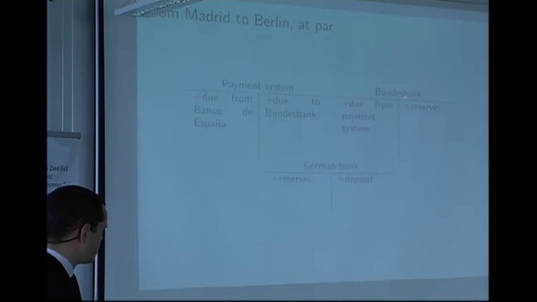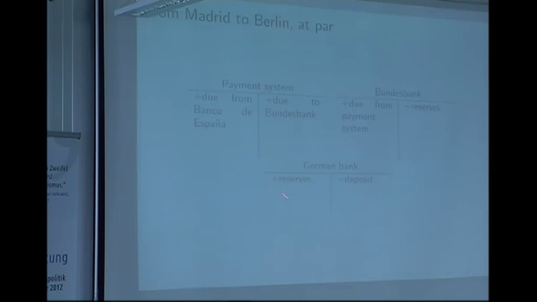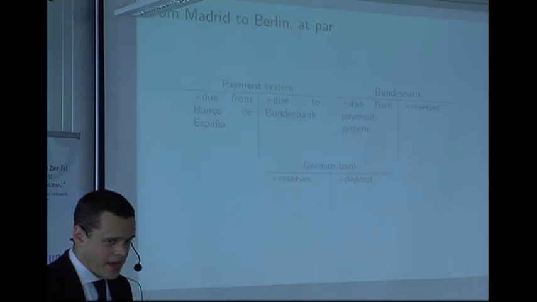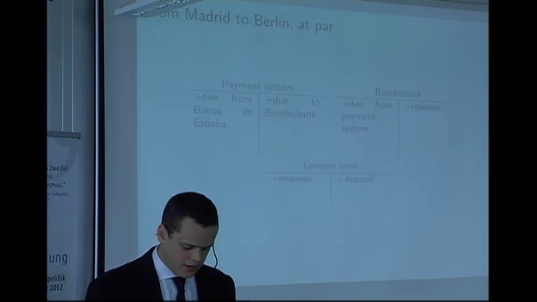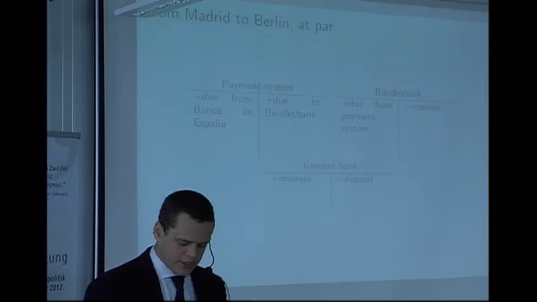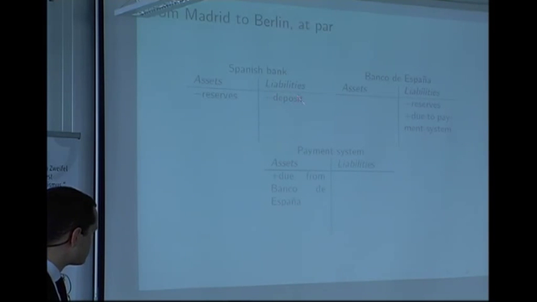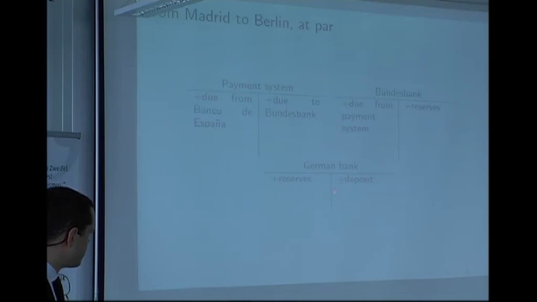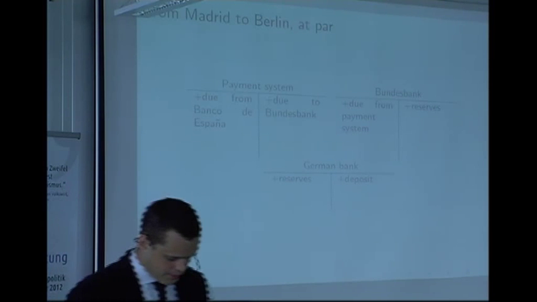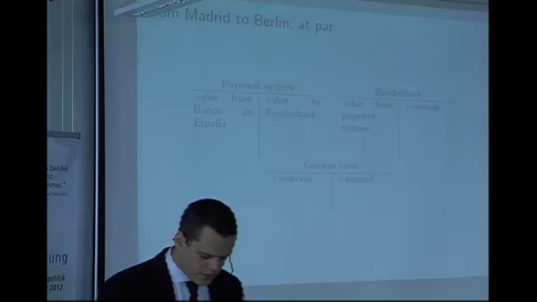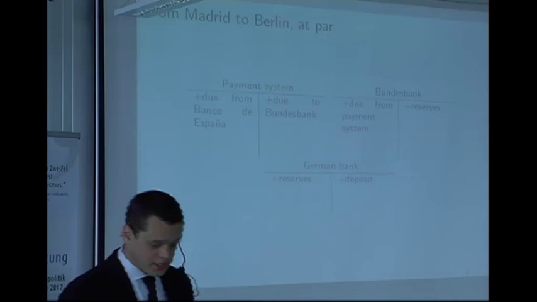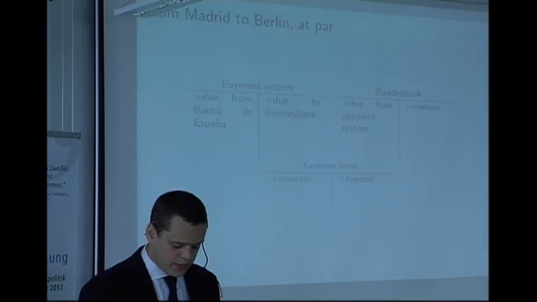Accepting that as an asset, the Bundesbank increases its reserve liability to a German bank, which, accepting that reserve as an asset, creates a deposit on behalf of its customer here in Germany, and the payment is completed. It began here with a deposit in Spain and ended here with a deposit in Germany. €1 on deposit in Madrid became €1 on deposit in Berlin, just as we expected.